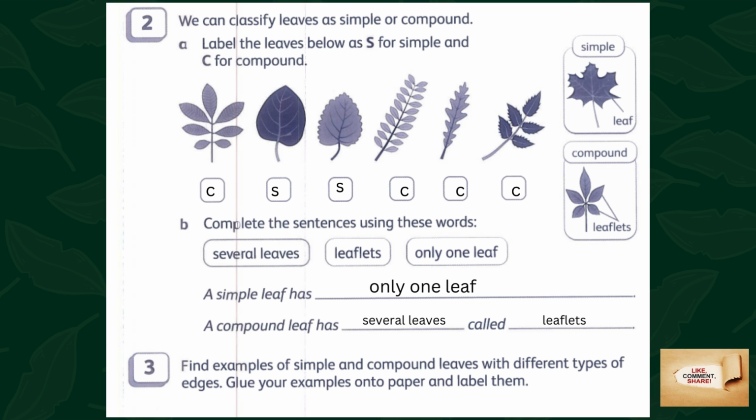So you can see number 1 is C, it has more leaves. S, one leaf, second S, then C, then C, then C. So C for compound. Now B, complete the sentences: a simple leaf has only one leaf, a compound leaf has several leaves called leaflets.